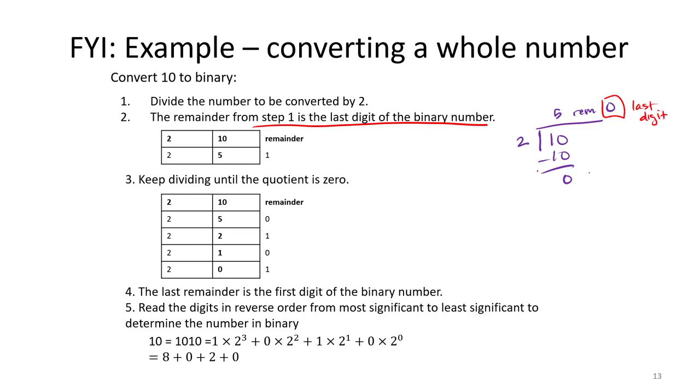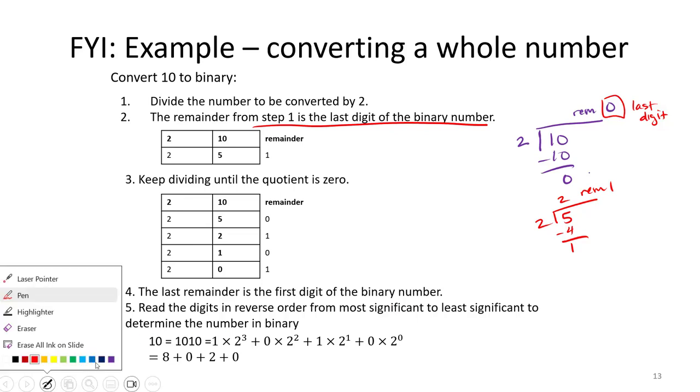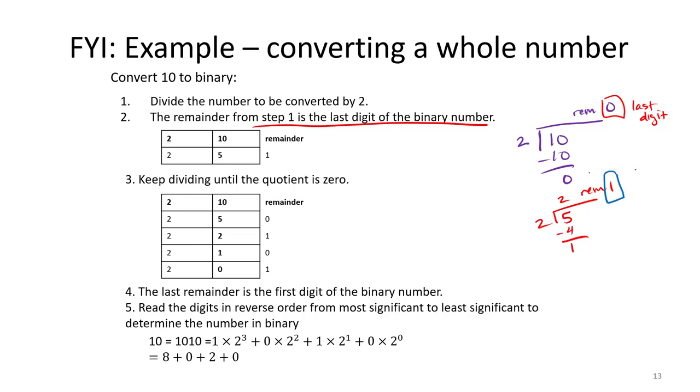But next, I need to divide 5 by 2. If I divide 5 by 2, I get 2 remainder 1. So the 1 becomes my second to last digit.